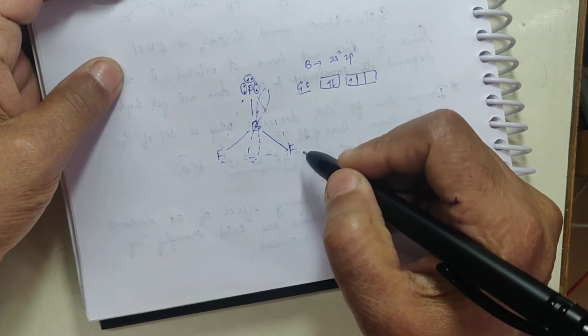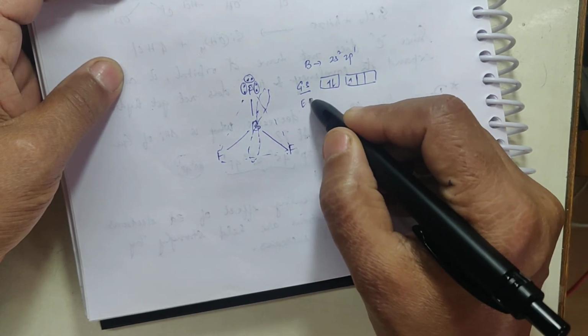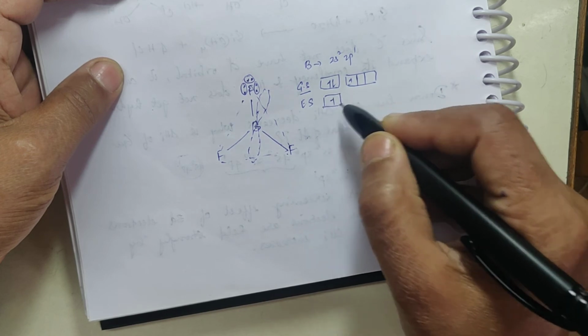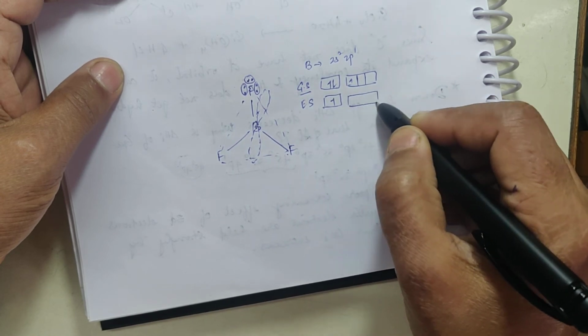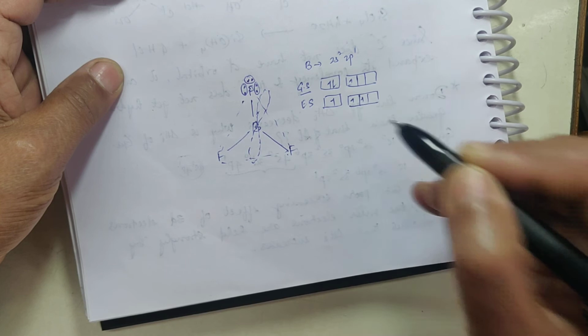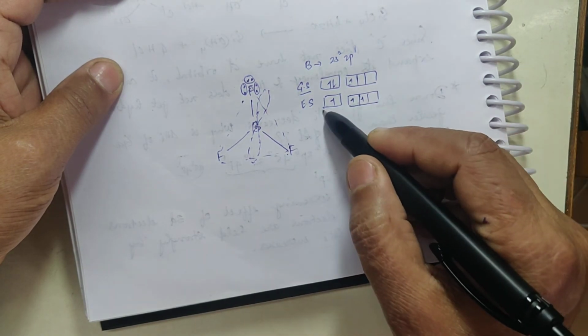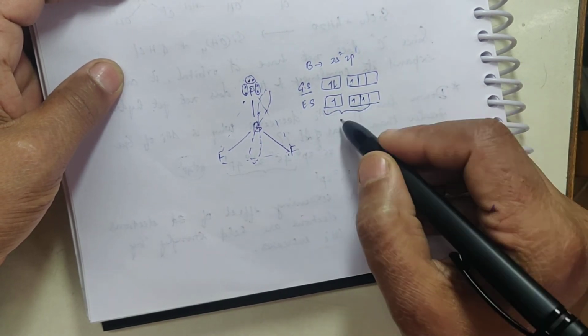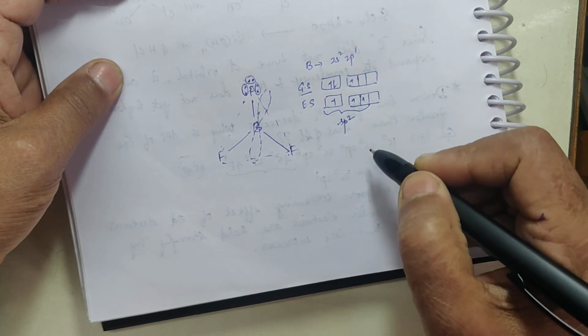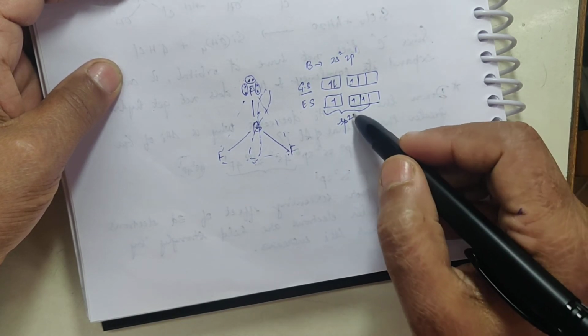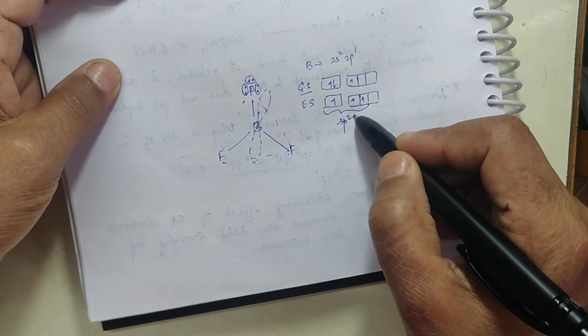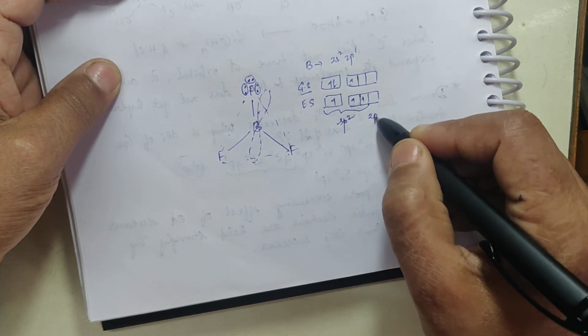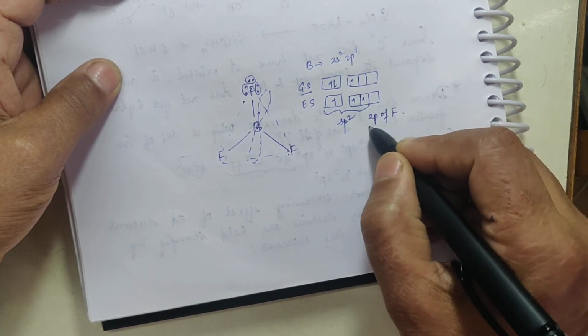Now when it combines with fluorine, it goes to an excited state where the electrons are getting unpaired first, and you have 3 electrons. Now these 3 will undergo sp2 hybridization. This is a boron, and these sp2 hybrid orbitals will overlap with the 2p orbital of fluorine.